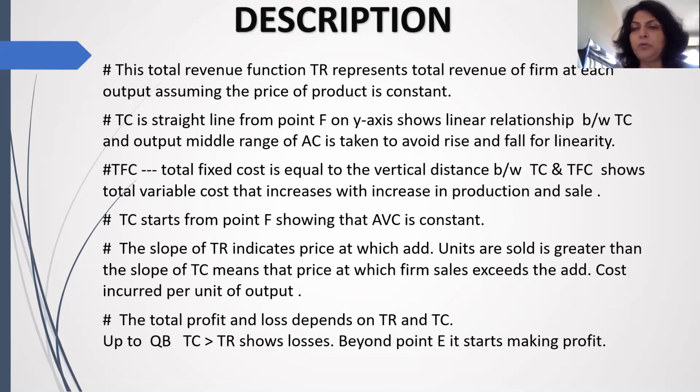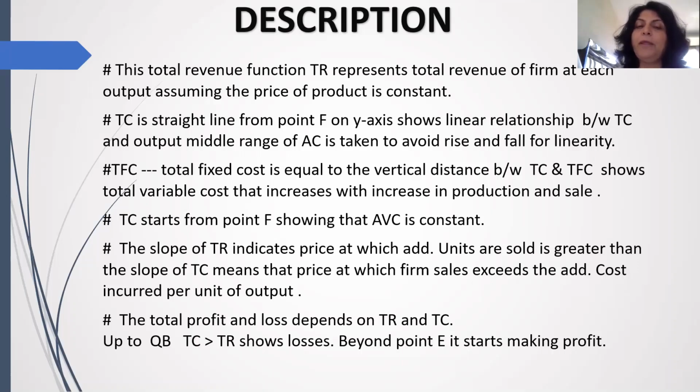That means there is no change, so it will be shown by a horizontal line parallel to the OX axis. The difference between TC and TFC will show you the total variable cost. TC starts from point F, which is above point O, showing that AVC, that is average variable cost, is constant.